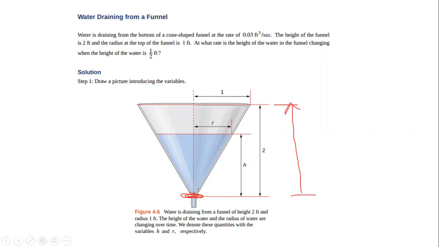Okay, when there is no stopper and water is draining, the height decreases. Height decreases means the volume decreases. So this means that the volume decreases with decrease in height. So we will say that dV/dt, the change of volume with respect to time, is negative. Okay, because it is decreasing, you have to say that it is decreasing.